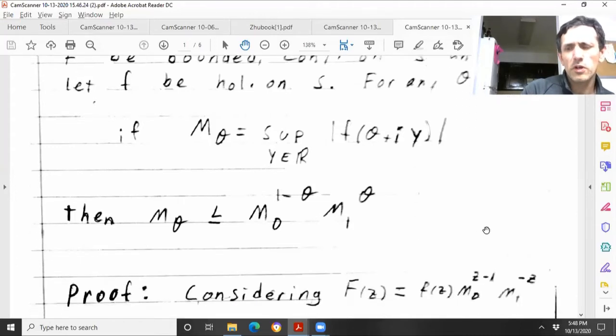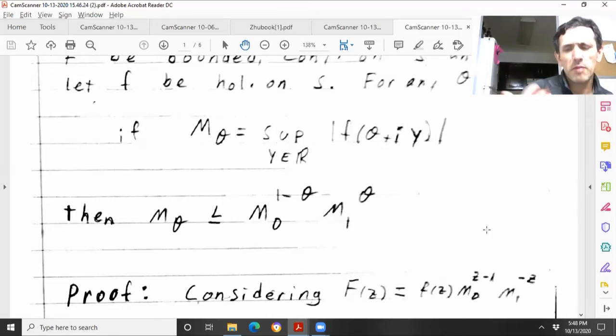Well, first of all, we can assume M0 and M1 are positive. If either one of them is 0, then it's fairly easy using the maximum modulus principle to show that F is 0. I'll leave that as homework.